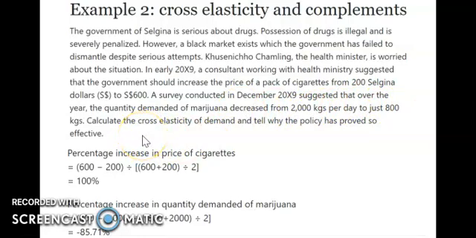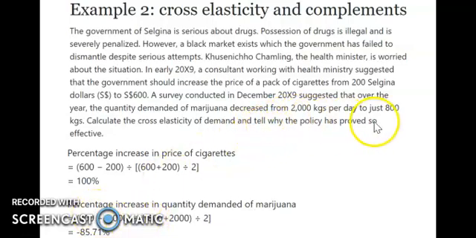So we have to identify whether cigarettes and marijuana are substitute or complementary goods. First we need to find the percentage change in quantity demanded.